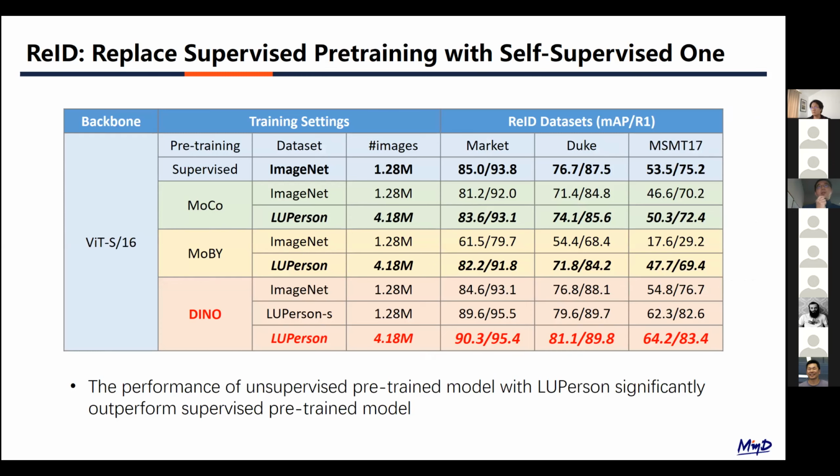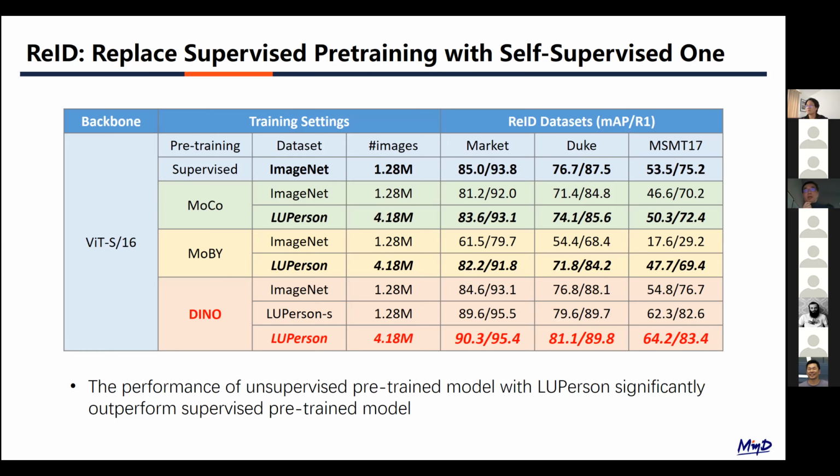Now, when we introduce this new data set, the LUPerson data set, for the unsupervised pre-training model, we can see that for these three different self-supervised learning methods, their performance has been boosted very significantly. More importantly, if we look at Dino, it turns out that the unsupervised pre-training model based on the LUPerson data set is able to yield substantially better performance compared to the supervised method trained on the image data set.